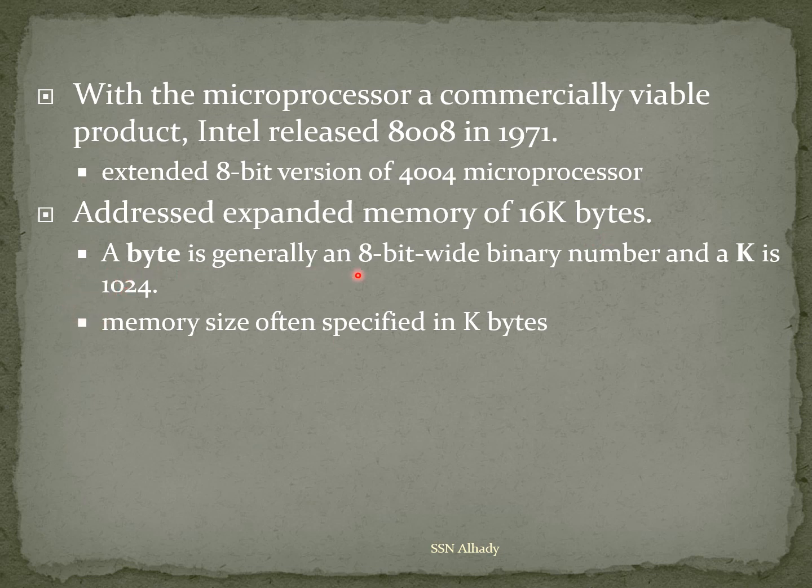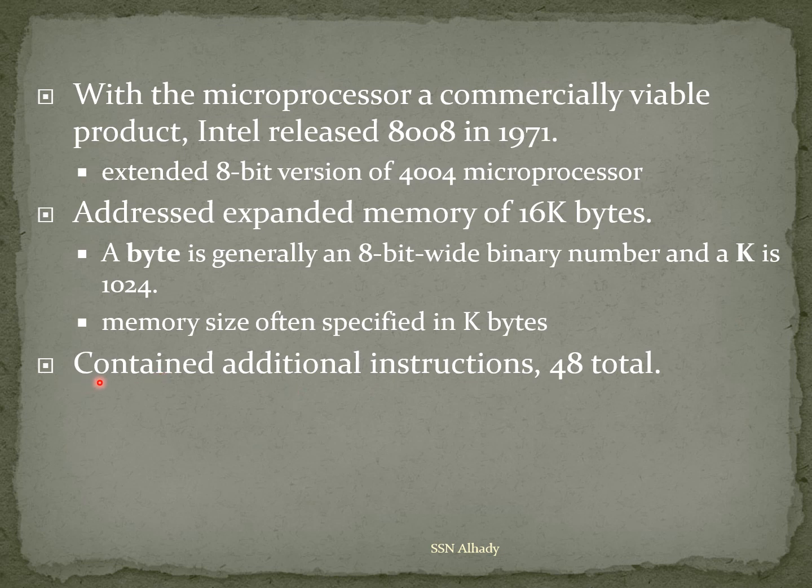A byte is generally 8 bits wide. 4-bit is a nibble, 8-bit is a byte. And a K refers to a kilobyte, for example, where the total number is 1024. Memory size is often specified in kilobytes, KB.